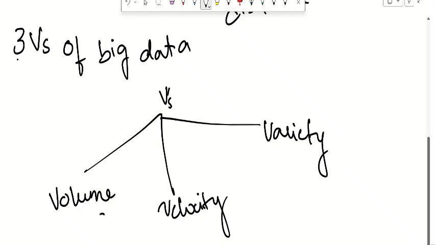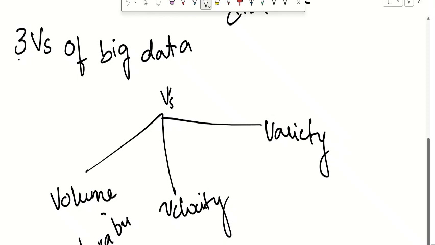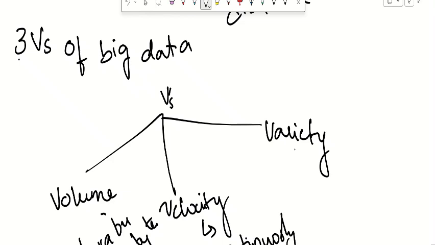Huge amounts of data, like terabytes and petabytes. What is velocity? Data generated continuously. What is variety? Different data types like text, videos, logs, images, etc.